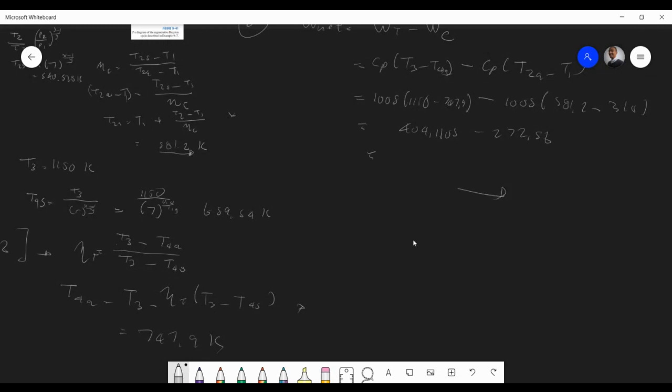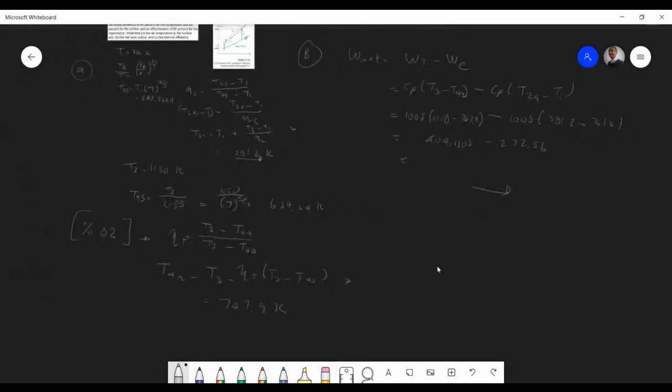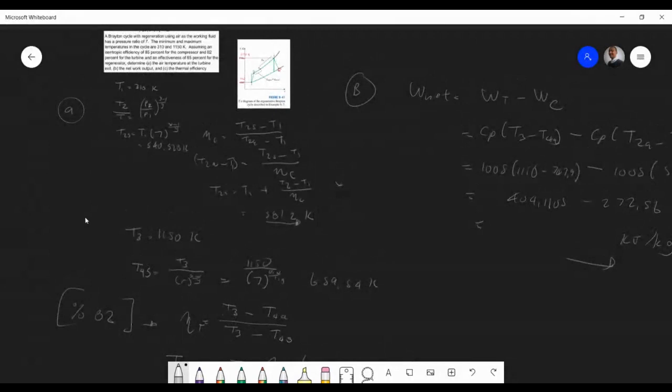Okay, so let's get my work net. This answer will be kilojoules per kilogram. That's my work net. Then we have to work on our thermal efficiency, which is going to be fun. Are you guys following?